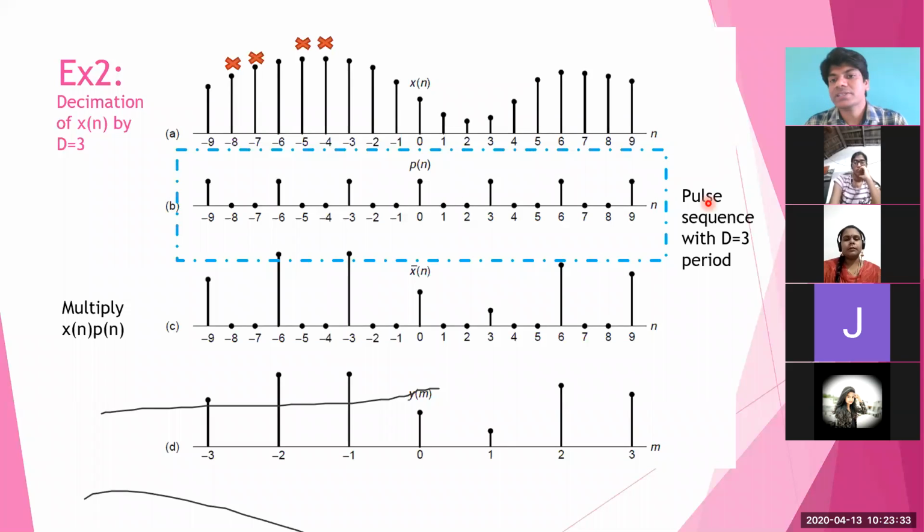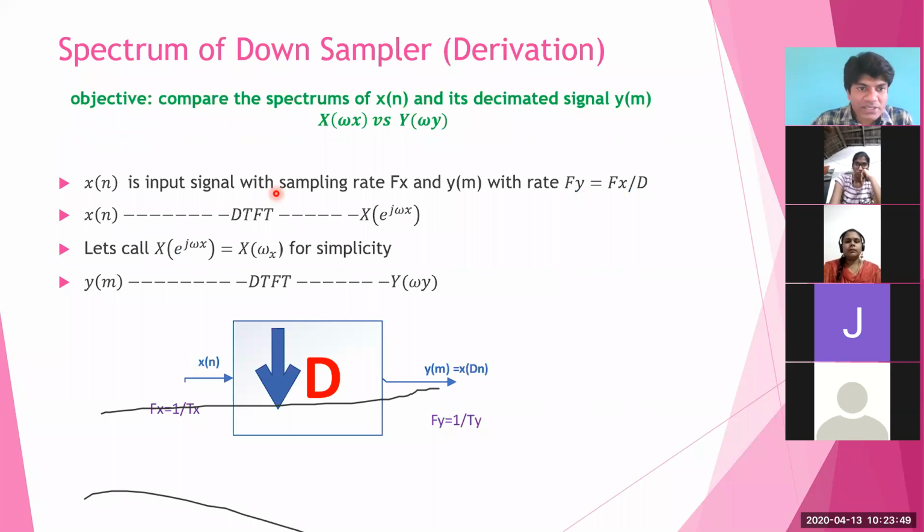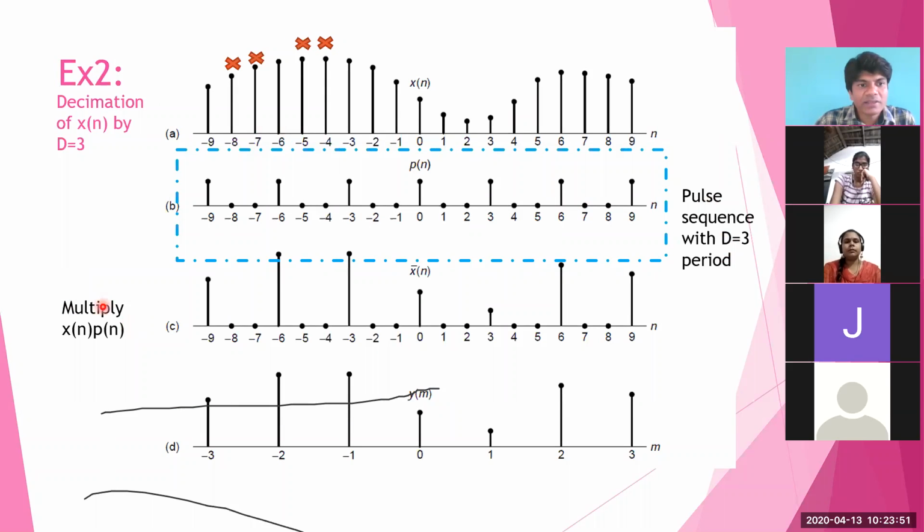What should be the period of the pulse train? D, whatever the decimation factor, that should be the period of your pulse train. When I multiply x of n and p of n, the samples only at this particular location will be retained, and the rest of the samples are made 0.